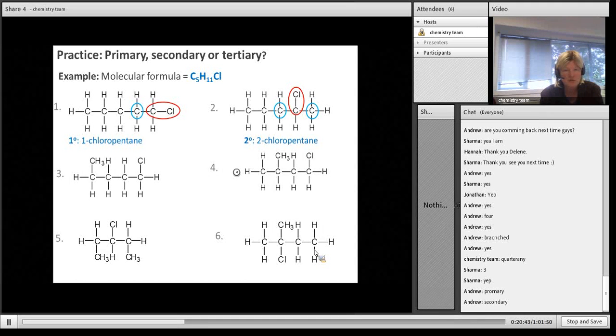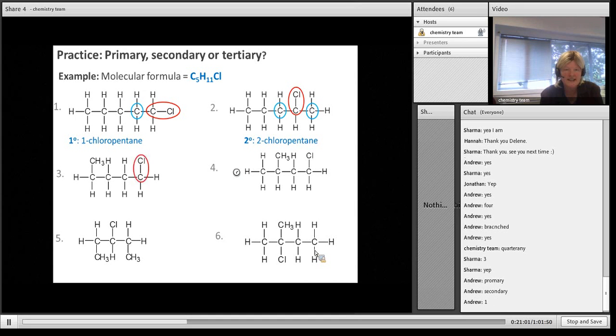The next one. So look for the CCl. Is it primary, secondary, or tertiary? Anybody want to have a go? Right, primary, because there's the CCl, and that is only bonded to one other carbon atom, so it's primary.